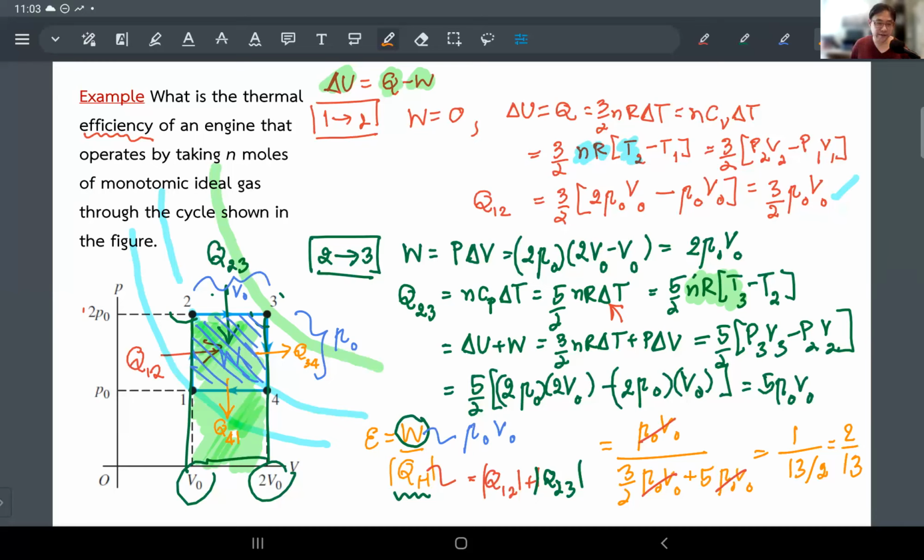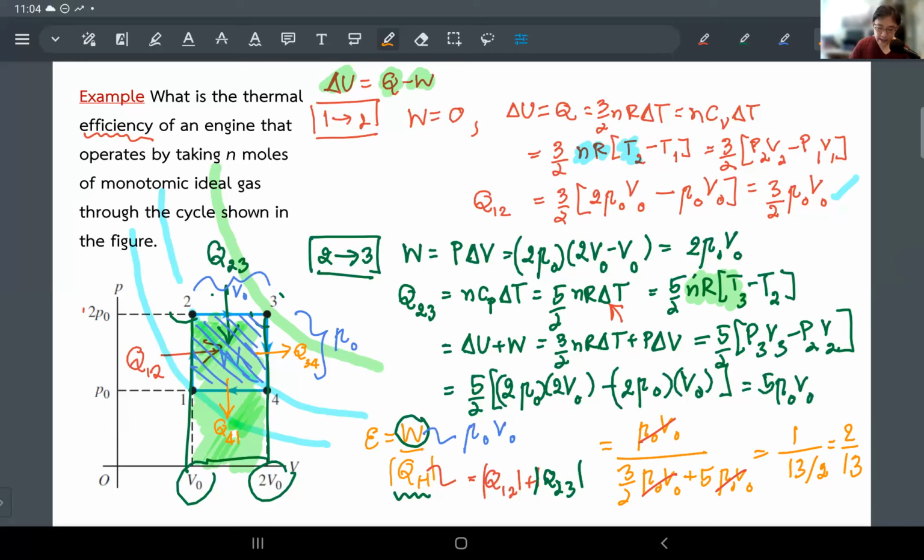Sounds good, looks good, feels good, I guess. All right, but for those of you that really want to check, like, is this true? Is this real? You can actually verify that if you go through the full calculation of the heat Q34 and the heat Q41, and then you do the difference.